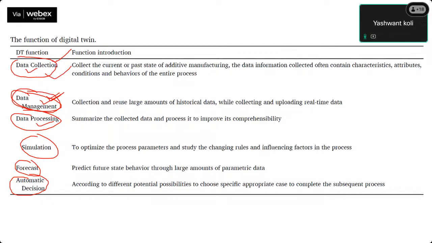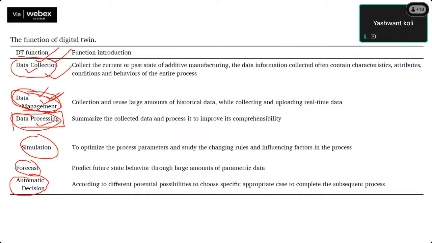Then we move forward to data processing. It transforms raw data into usable and meaningful information. This is collection, this is management, and the processing part is transforming the raw data into meaningful information.